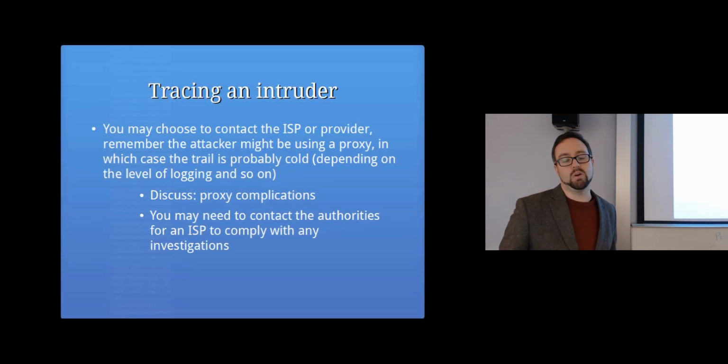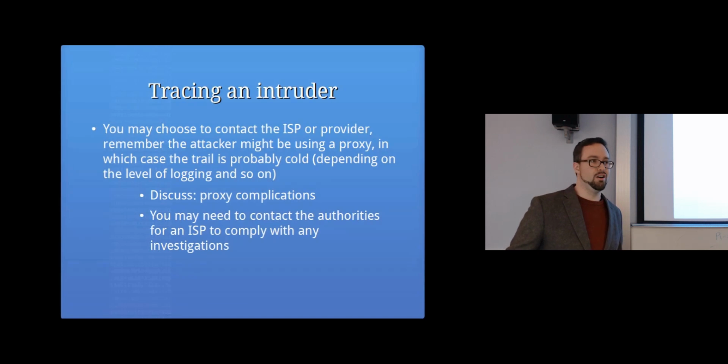So once you've got the ISP or provider, remember it might be a proxy, it might be a pivot, so that might have just been another computer that got hacked into, and they're hacking via that computer. So you can't necessarily know for sure that that is the attacker itself, but you never know, it could be. So there are all kinds of complications to do with proxies.